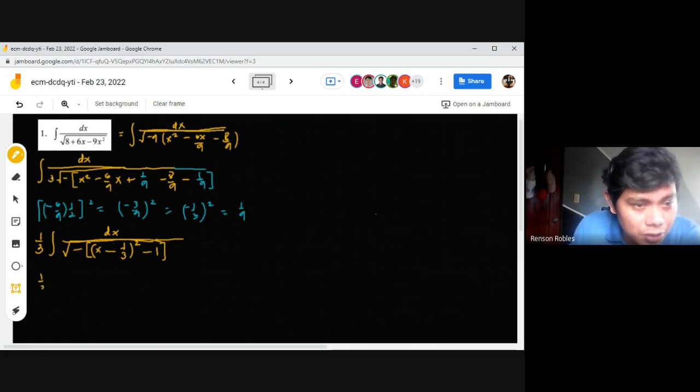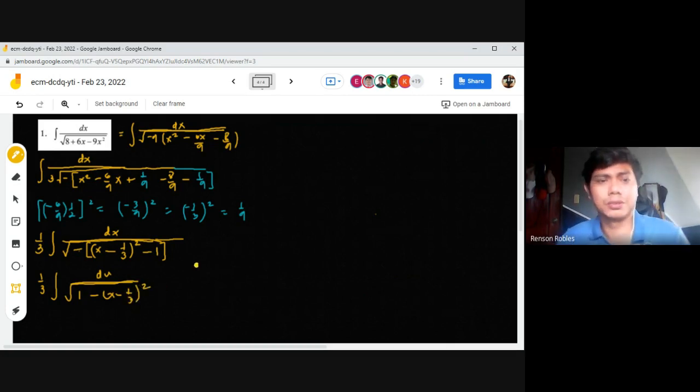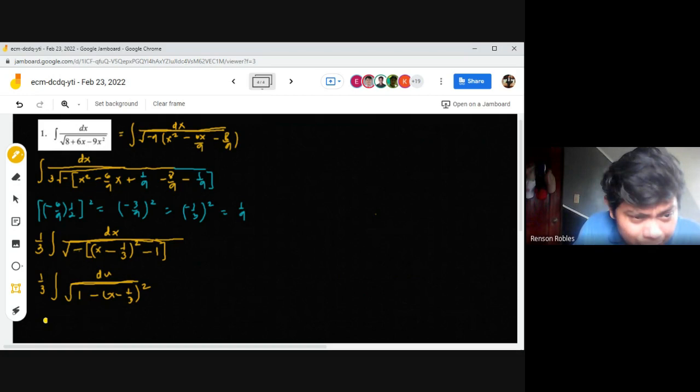So you'll have 1/3 integral of du all over, negative 1 will become positive 1, and minus x minus 1/3 squared. Ito palang 8 plus 6x minus 9x squared is just equal to 3 times the square root of this. And from here, you can now let u be equal to x minus 1/3.